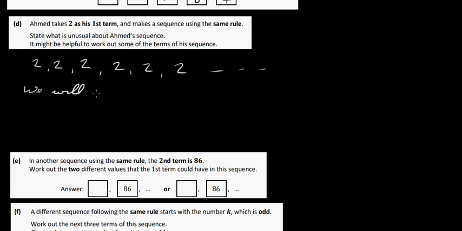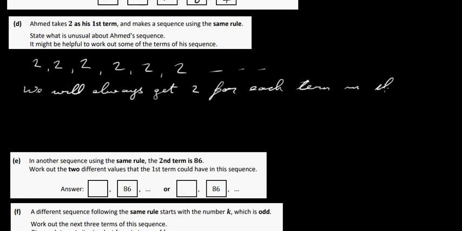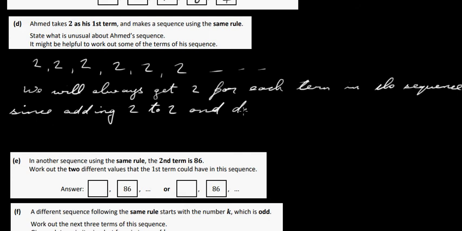We will always get 2 for each term in the sequence, since adding 2 to 2 and doubling 2 gives 4.